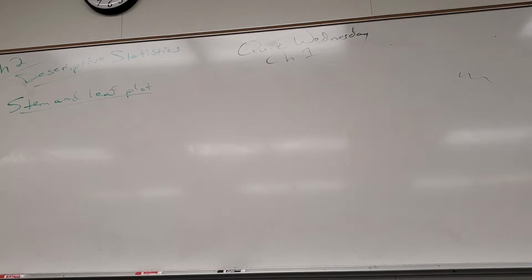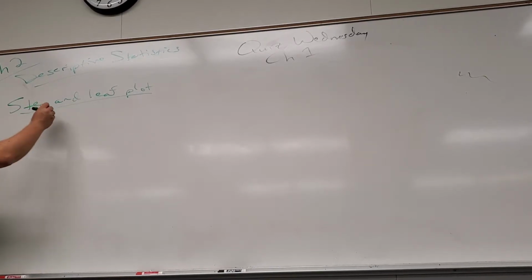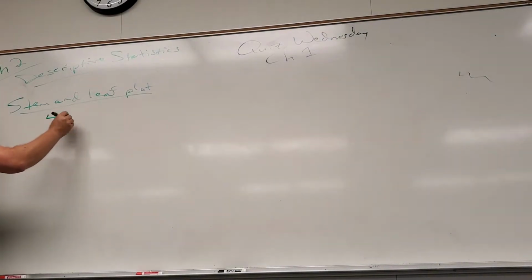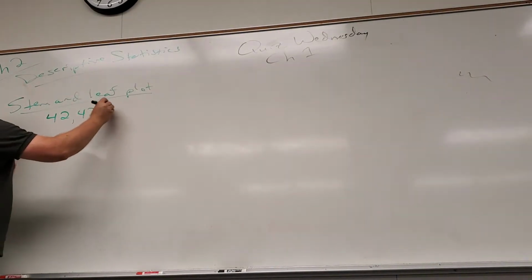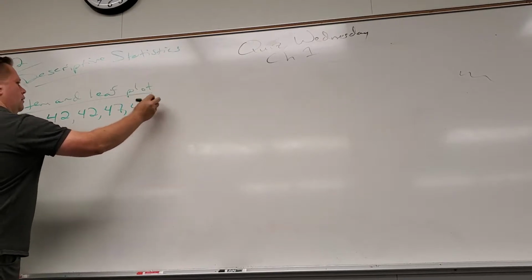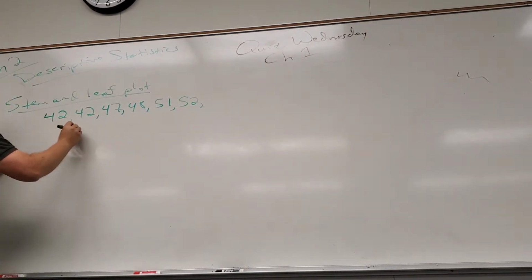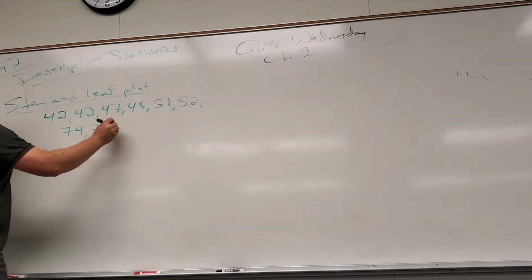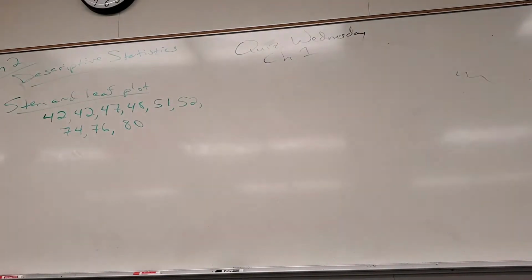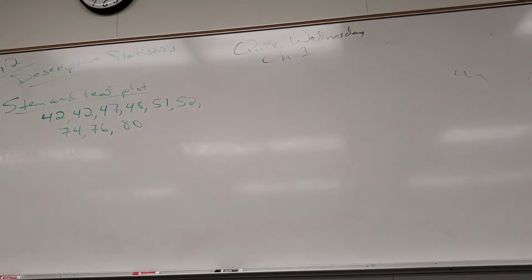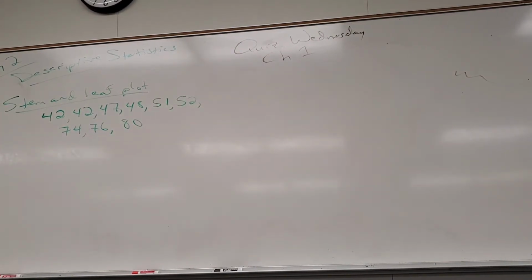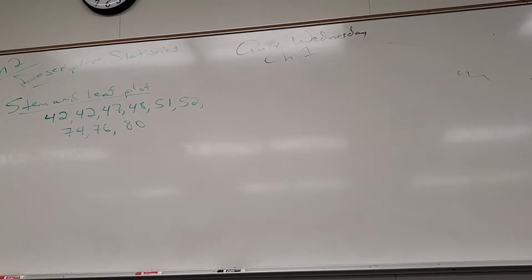Once again, let me just make up some data, which is not the way it normally works. So say these are golf scores or something on the first so many holes.